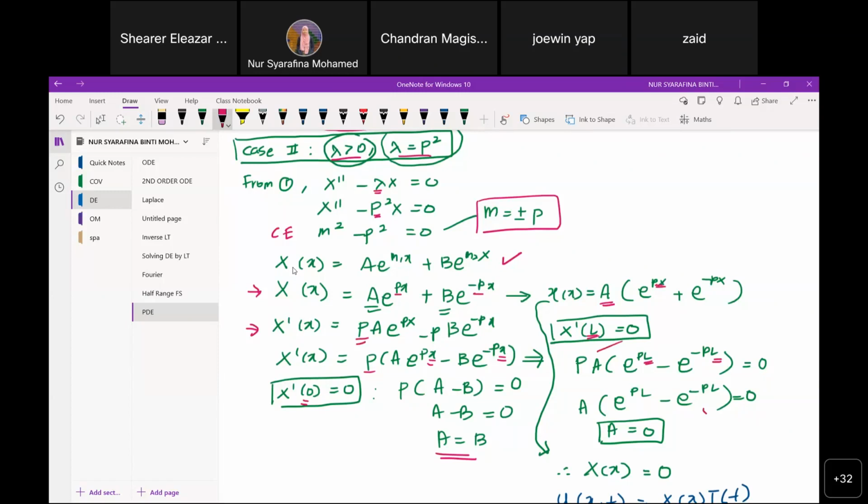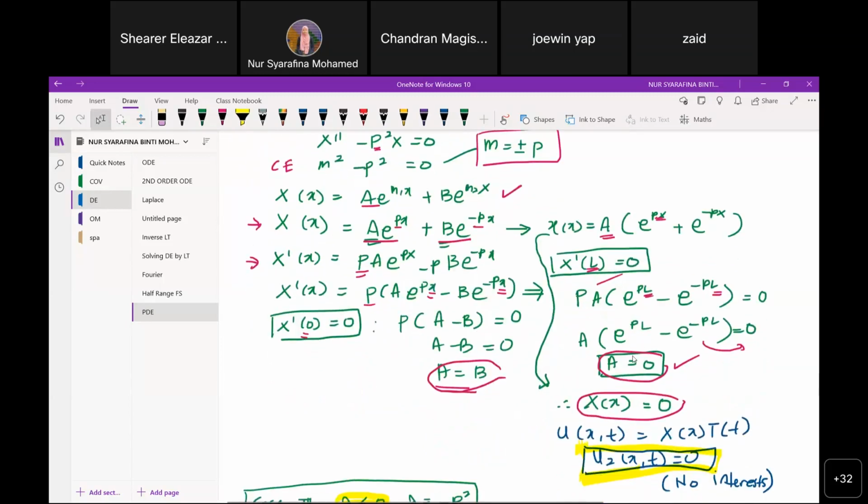Then putting this to the right hand side will give you A equals 0. When A equals 0 and A equals B, this will give you x equals 0, because x involves A and B here. Now, for the second case, you obtain x is 0.